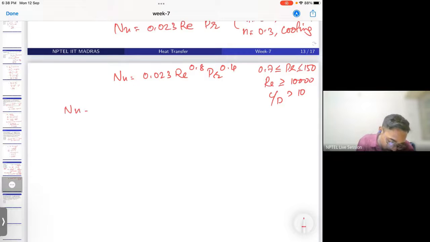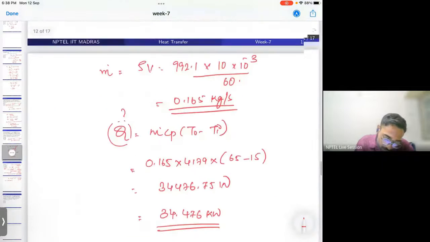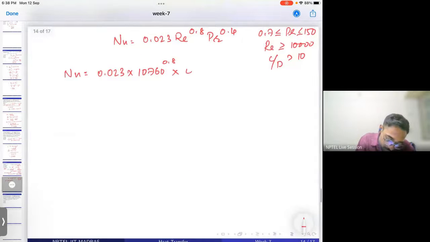So we substitute 0.023 Reynolds number raised to 0.8, Prandtl number is 4.36, 1.32 raised to 0.4. So the Nusselt number will come out to be 69.5.